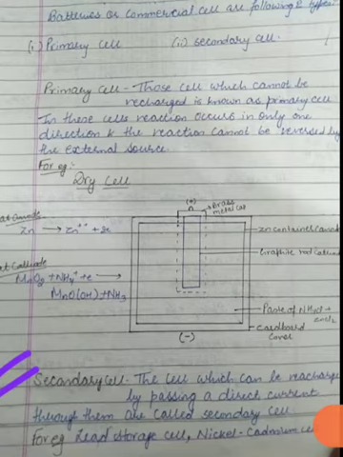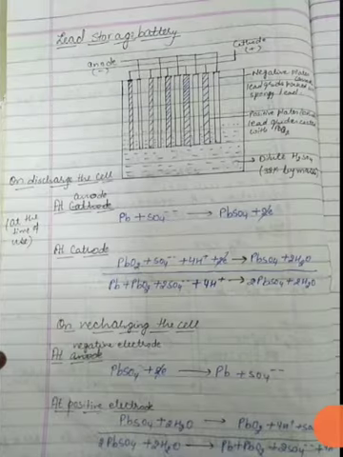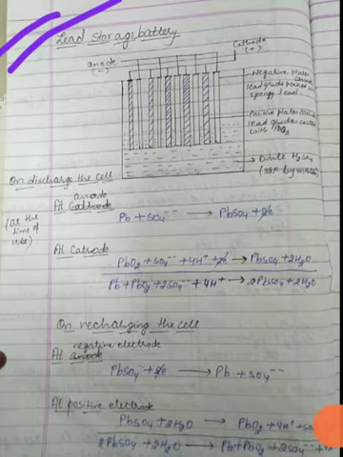For this you have to see the example of the lead storage battery, since sometimes it is asked in the exam. Here we focus on the anodic and cathodic reactions, but before that let us see the arrangement. The anode is the negative plate, the lead grids.